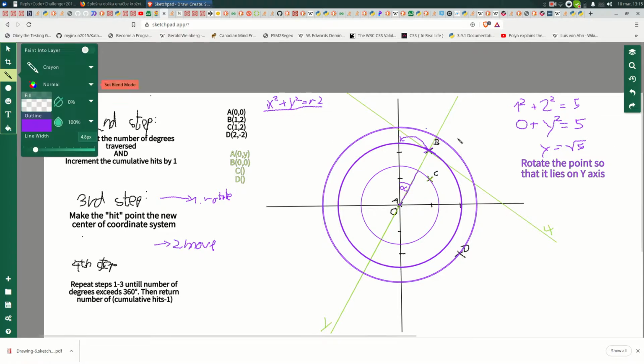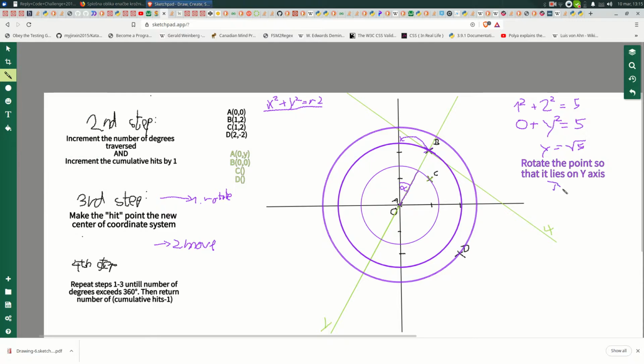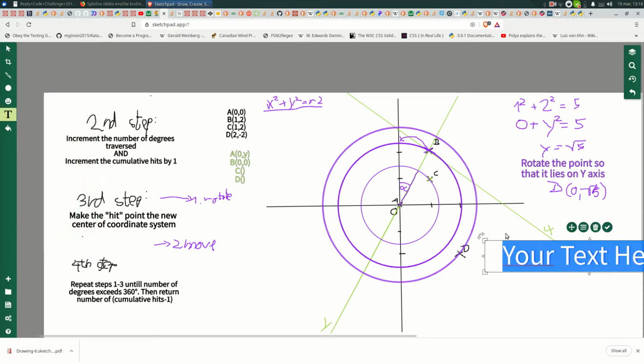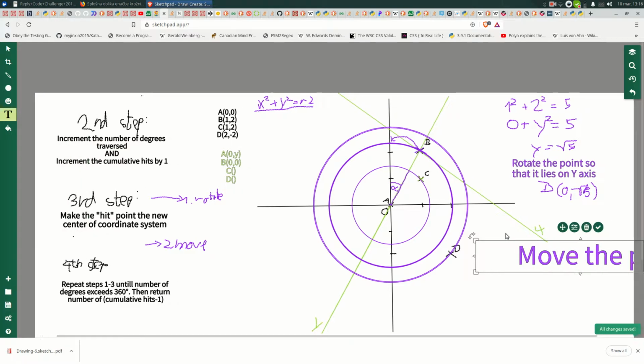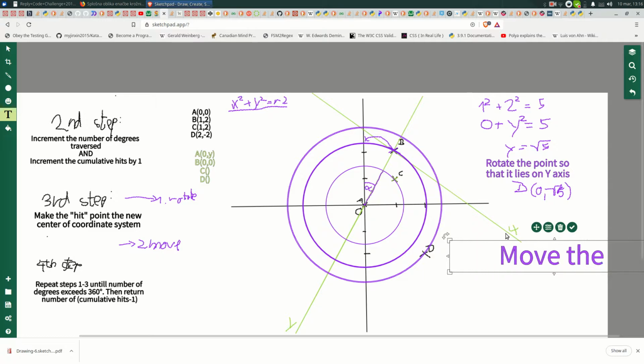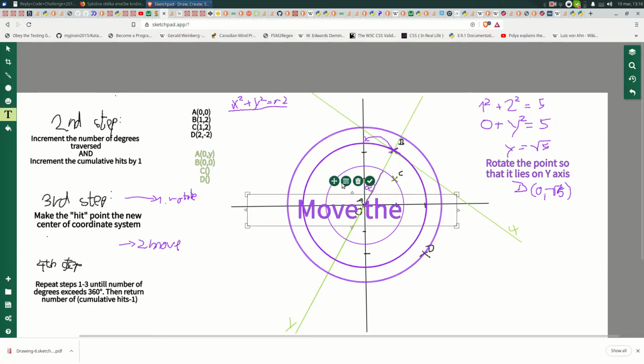Alright, so at this point the B is at 0, and then coordinate bit, and then we just say here, move the point to xy position.